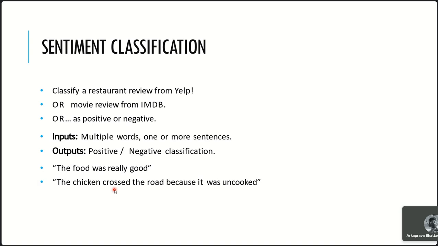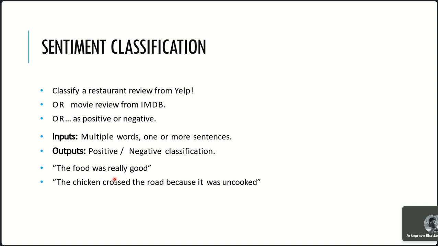I can also say it is positive, the chicken escaped. Yeah, I think it is ambiguous. It is actually ambiguous. That is something which is a big challenge in natural language processing, and that challenge is nothing but ambiguity.